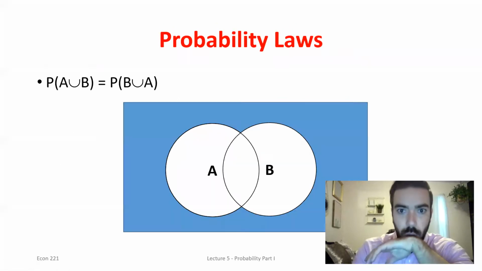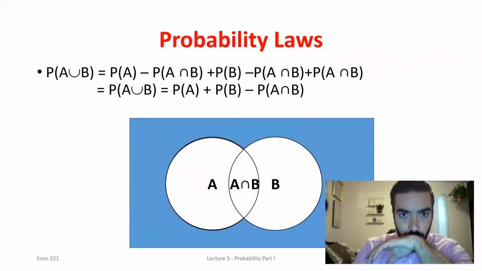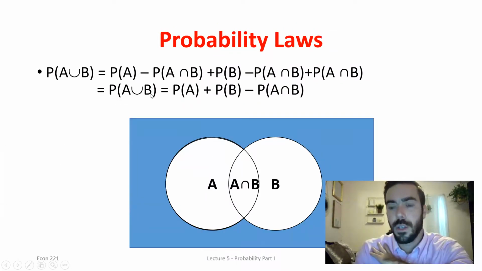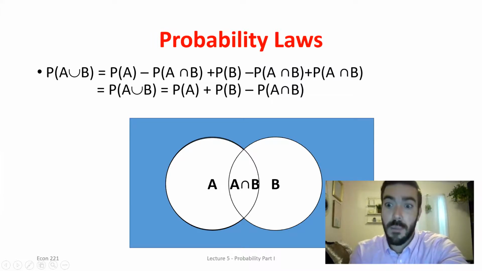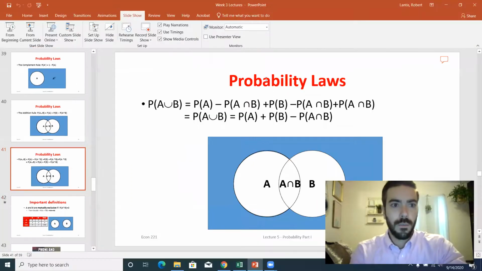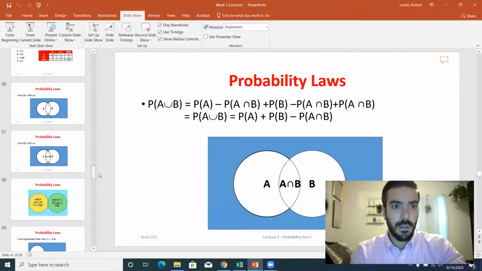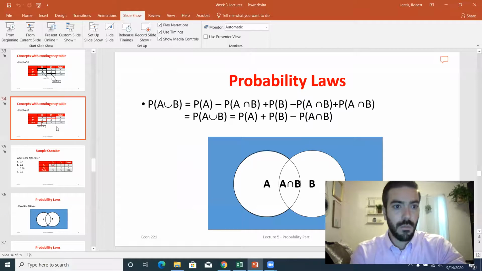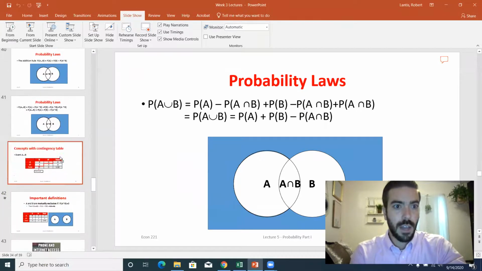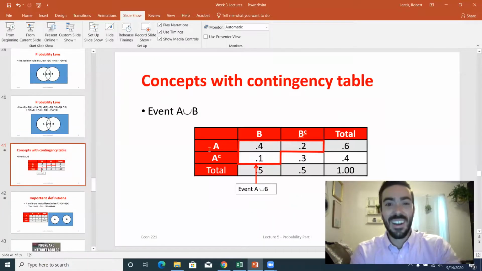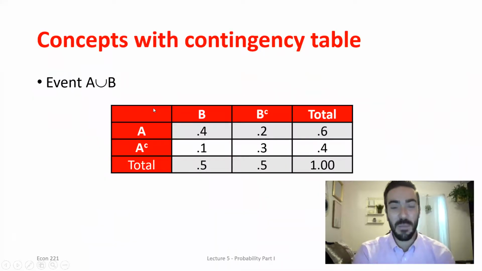We just had this equation, which is if I want the union, I can take the probability of A plus the probability of B minus the intersection. So let's try to remember that, and we'll go back to that other contingency table. In fact, it's going to make this easier. I'm going to cheat and drag this down for right now so we can go back and forth. So we have the union.